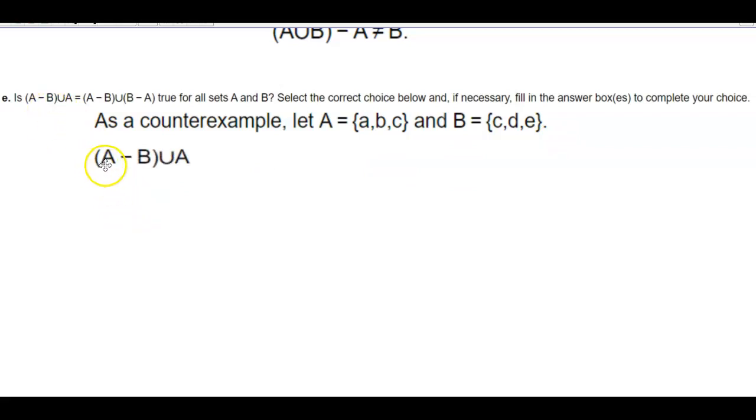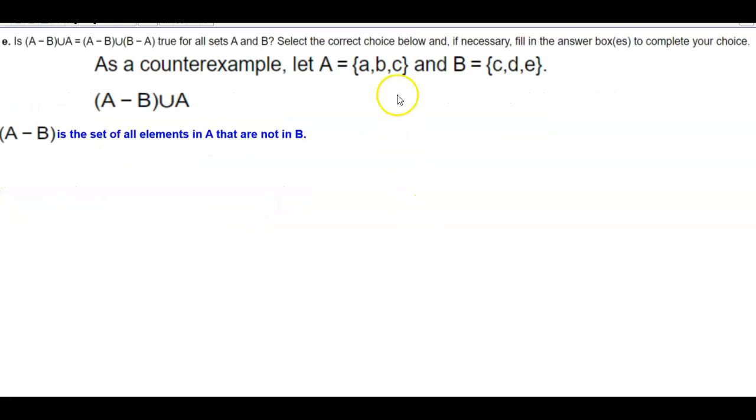We have the set difference from A to B union A. Okay, well, we know the following. This is defined as the set of all elements that are in A that are not in B. So what are all the elements that are in A that are not in set B? Well, all the elements in set A that are not in B are a, b.